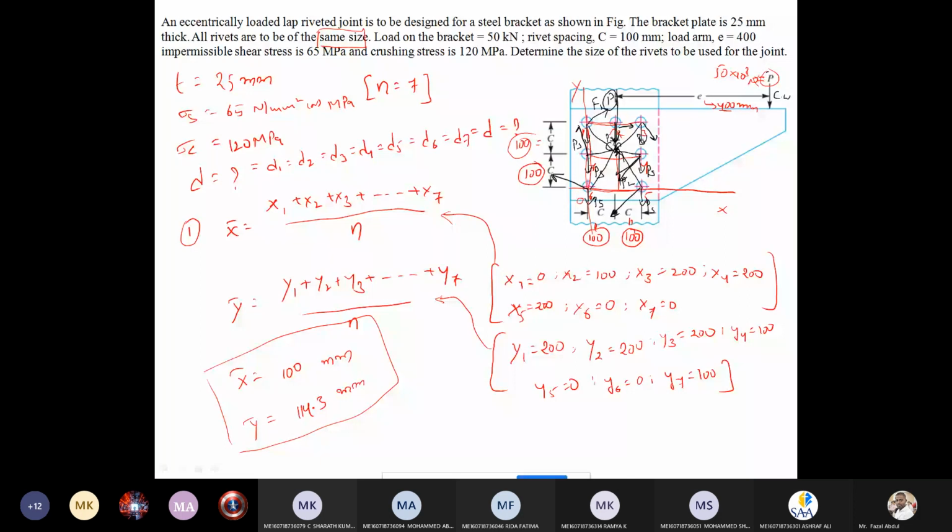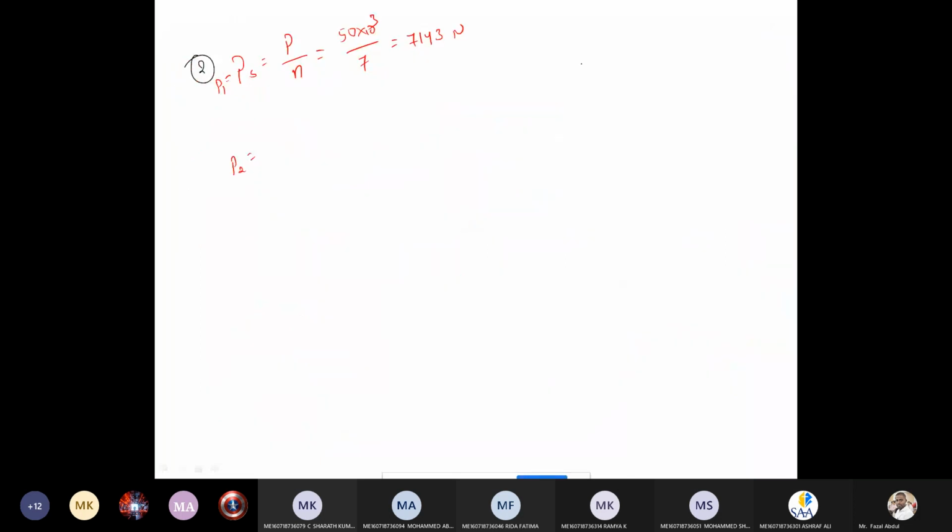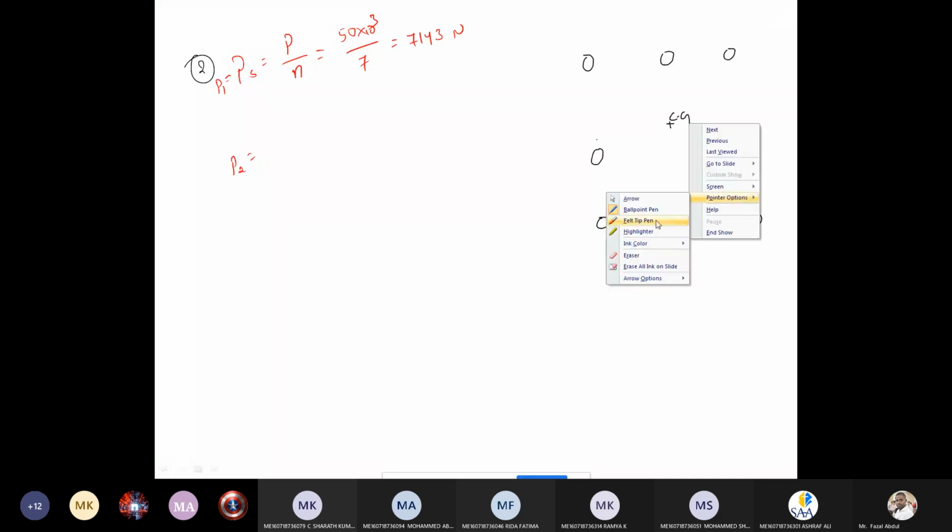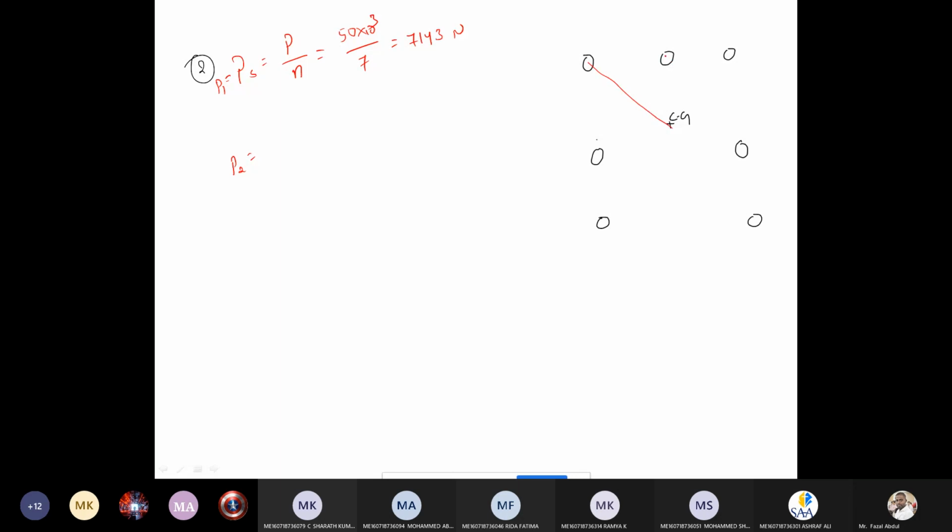Okay, separately I'm drawing here. This is the center of gravity. I'm joining this rivet to the center of gravity, this rivet to the center of gravity.